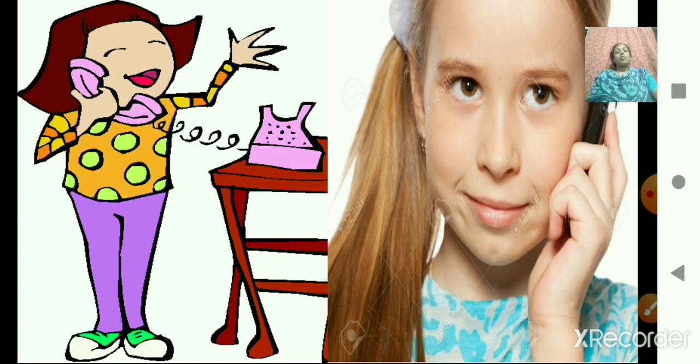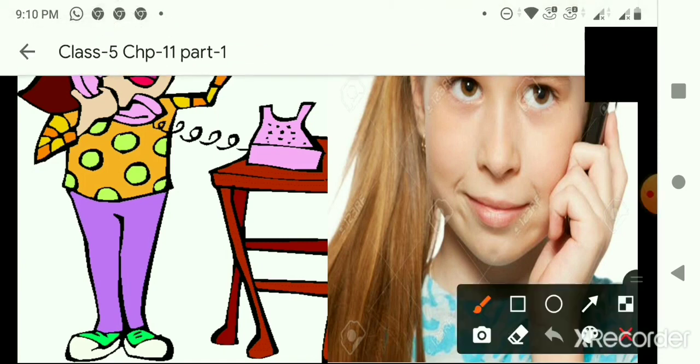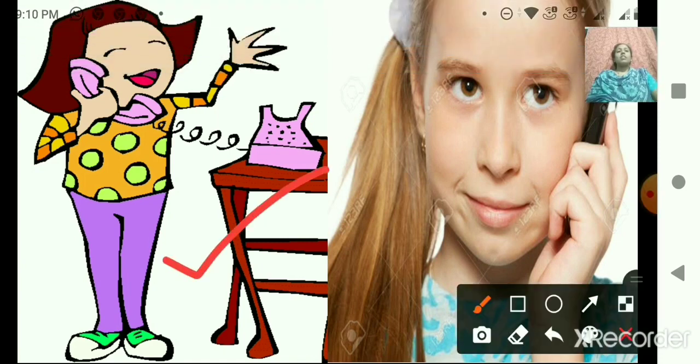So here on the screen we can see two different images. One, we can see this lady is speaking on the telephone, and here this girl is speaking on the mobile phone.